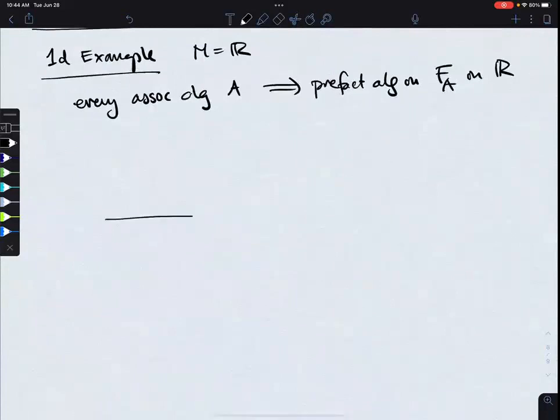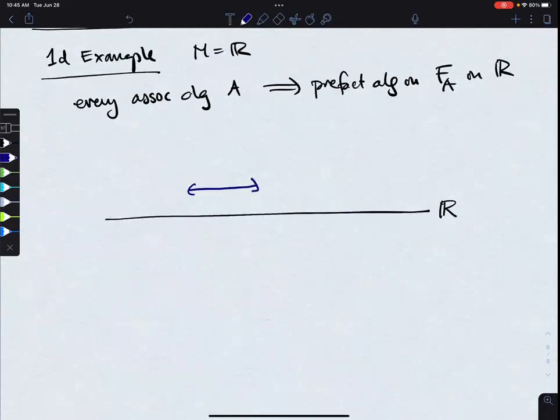Here's the real line. If I pick an interval in the real line, then F of A needs to assign to this interval a vector space. What vector space should it assign, if I want it to have something to do with A?